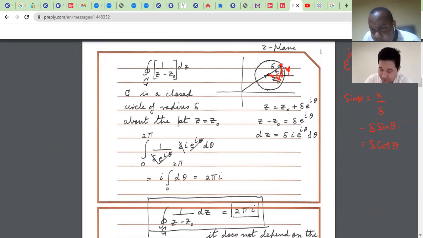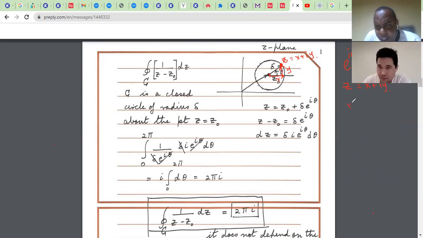So this point is the z. Going up is y, and going straight is x, and z is x plus iy. So z equals x plus iy.